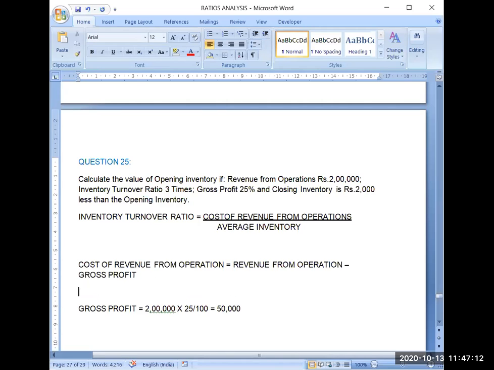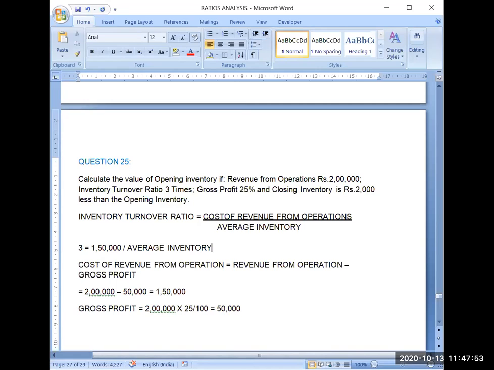So my cost of revenue from operation will be is equal to 2 lakh minus 50,000, it will become equal to 1,50,000. So cost of revenue from operation I have calculated. Inventory turnover ratio is already given in the question. So I can calculate the value of average inventory. So I will put here 3 is equal to 1,50,000 divided by average inventory.